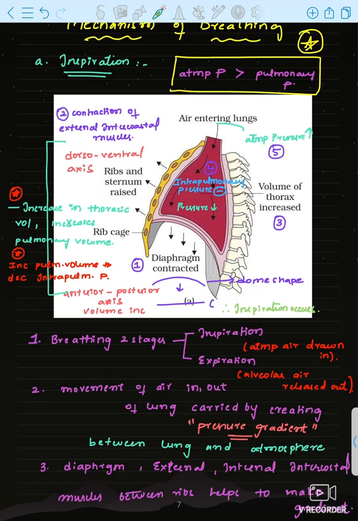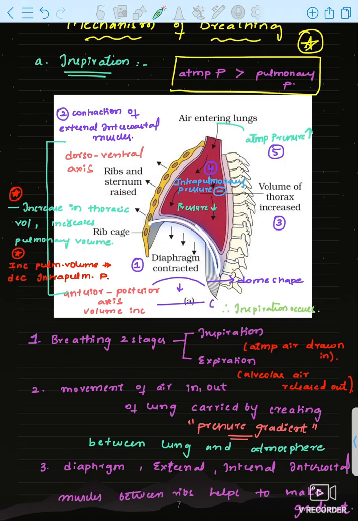In inspiration and expiration only external intercostal muscles will be used, and the diaphragm. What happens in inspiration? Now you breathe one time. When you breathe, your muscles feel contracted, right? All the muscles feel contracted.